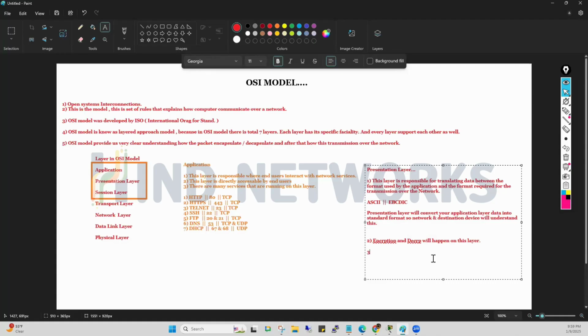One more thing you can remember: if you are sending huge data or big data over the network, the compression of the data also happens on this layer. So data will be compressed at this layer. So guys, basically these are the 3 points you need to understand about the presentation layer. Is this clear to everyone? Tell me, guys.